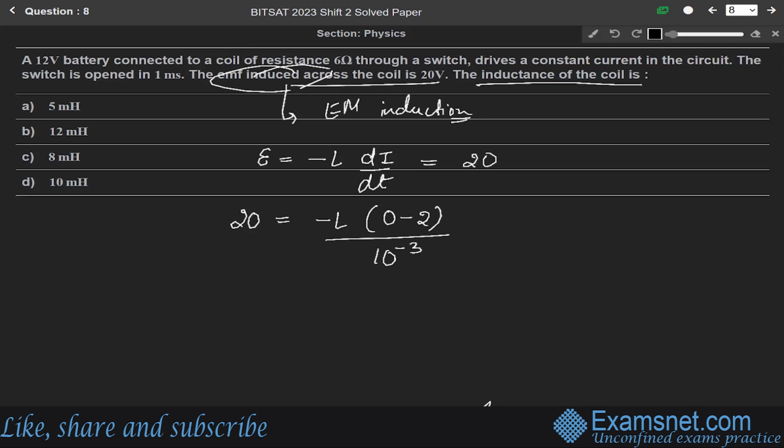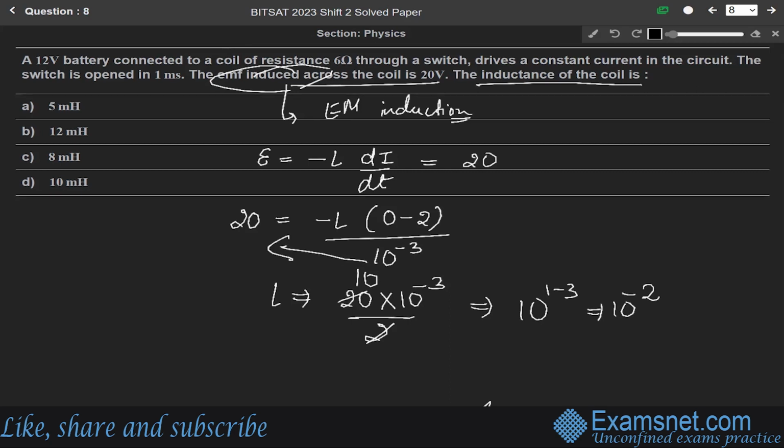So L will be equal to, solving it, 20 into 10 to the power minus 3, minus minus becomes plus, over 2.